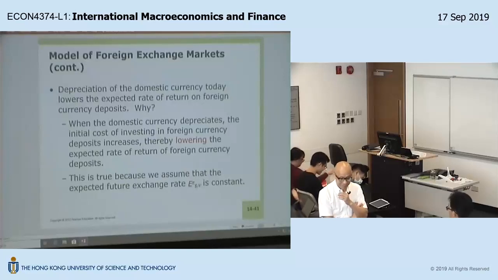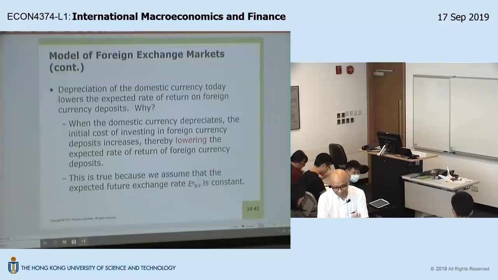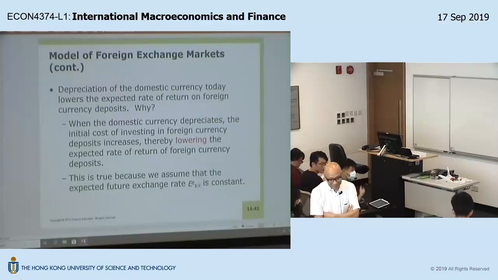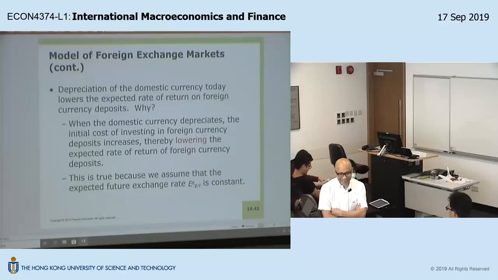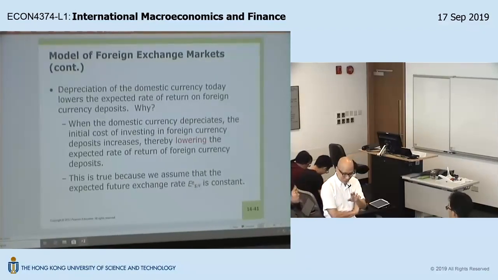And the price of your currency has already depreciated. So it's about what you do next, not about what happened before. If you know already that the currency is going to depreciate, of course you want to hold foreign currency. But since it already happened, it doesn't matter, I guess. You're getting a little bit close, I think you're getting closer.